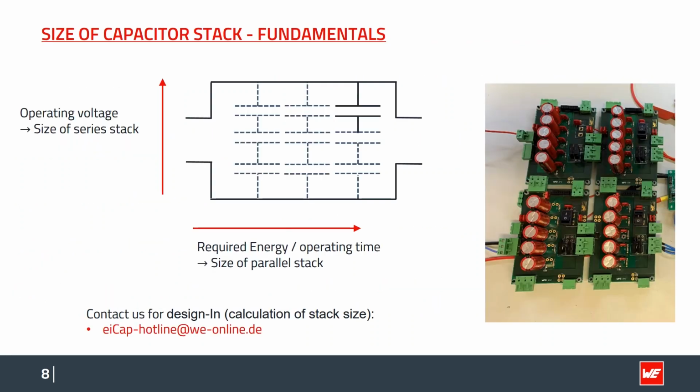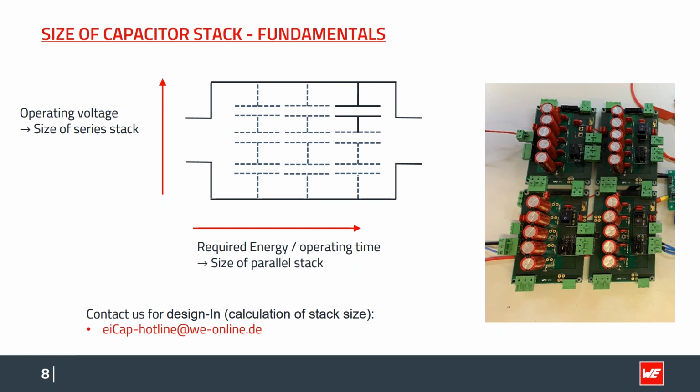The input voltage of your DC-DC converter dictates the size of the series stack. The rated voltage of the supercap is often not sufficient. You often need higher voltages, so you will need a series combination of supercapacitors.